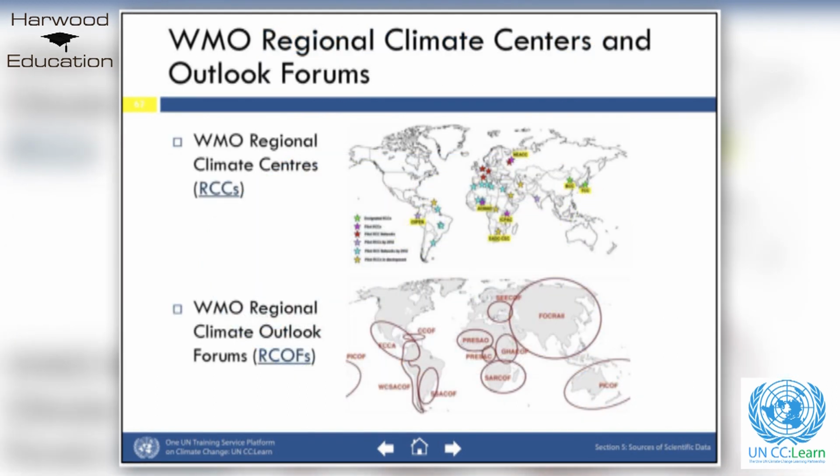WMO Regional Climate Centres and Outlook Forums. WMO Regional Climate Centres, RCCs, are centres of excellence that create regional products, including long-range forecasts that support regional and national climate activities.